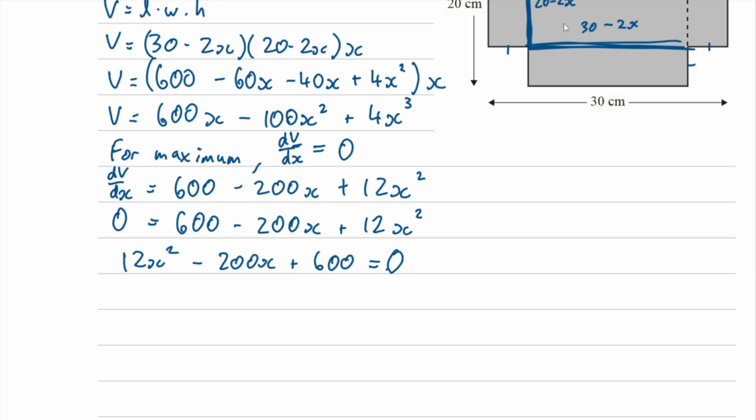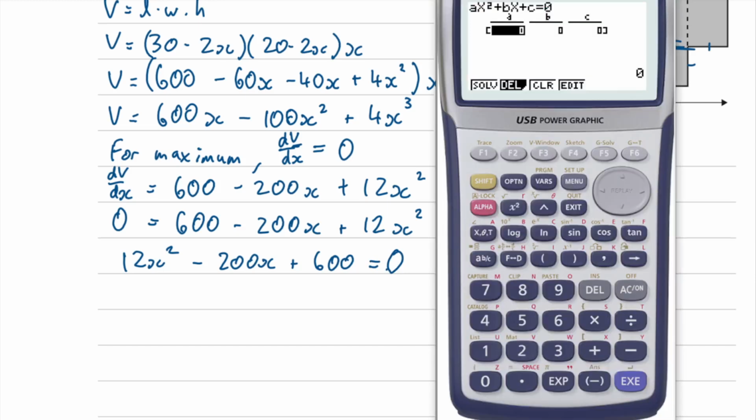Exactly the same thing, but I just reordered it, so it's a bit more clear. So enter for A, 12, for B, minus 200, and for C, positive 600. Write the coefficients of each term. We then hit F1, solve, and there we go.